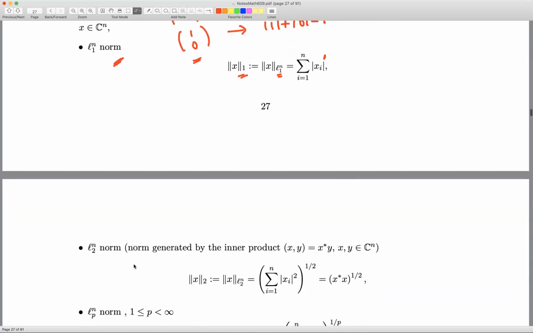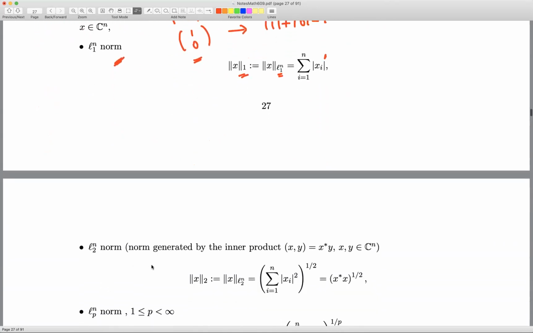Now, we can talk about the L2 norm, which is the usual norm that you know from calculus, or maybe even from geometry. If you have a real vector x1, x2, and so on, xn, with real components, then the length of this vector, the magnitude of this vector, is the square root of the sum of the absolute values of its coordinates squared, i from 1 to n.